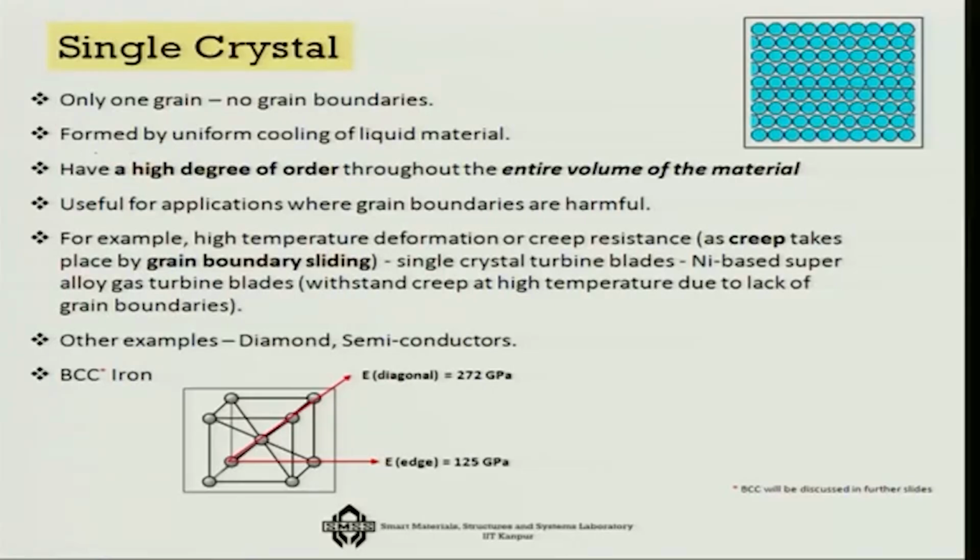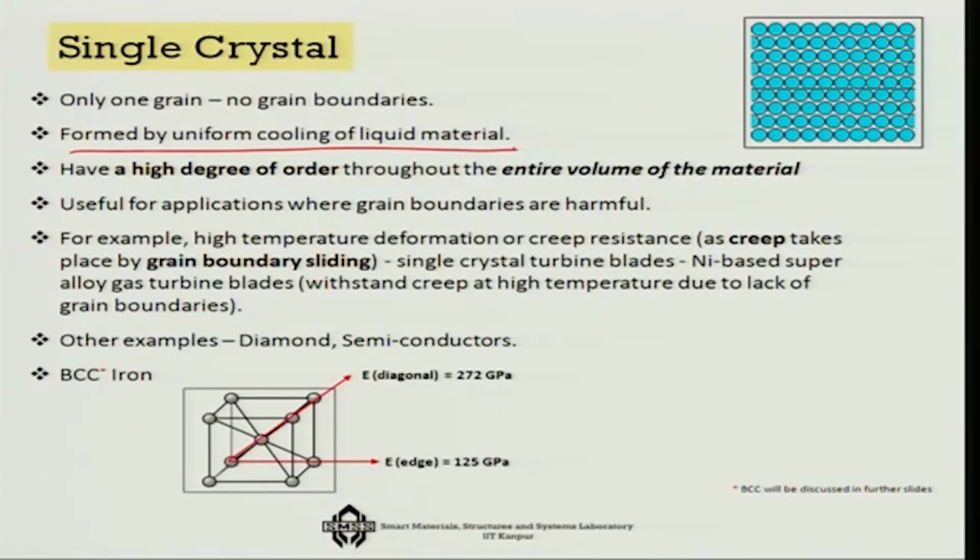So, a single crystal has only one grain, no grain boundaries, and it is generally formed by a very uniform cooling of liquid material. There are various techniques towards this, and it will have a high degree of order throughout the entire volume of the material. Development of a single crystal structure is quite an art on its own, but it has very practical applications.